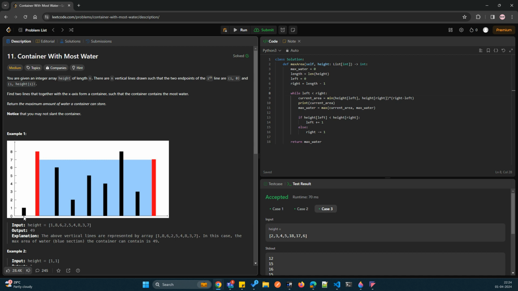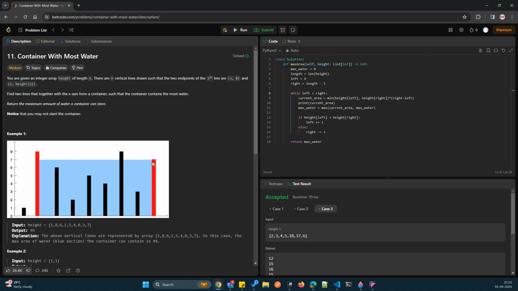That is one thing. And the second thing is, once we do the calculation, to get the next value, the left pointer will move towards the center, and the right pointer will move towards the center, right? We'll do the calculation such that we get the maximum amount of storage.